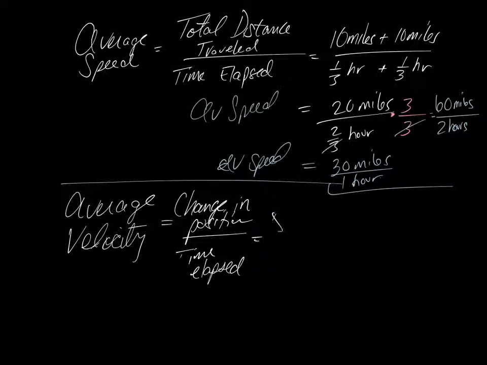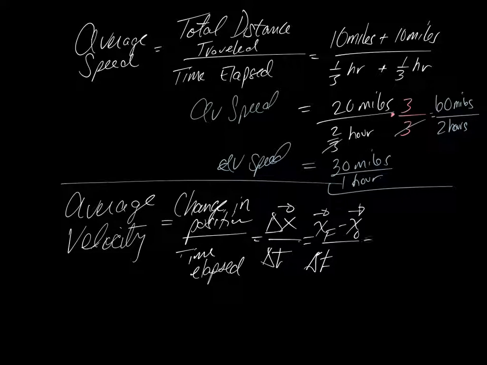My change in position is the same thing as my displacement. Which is my final position minus my initial position, and those positions are identical. And my change in time is the same as always.